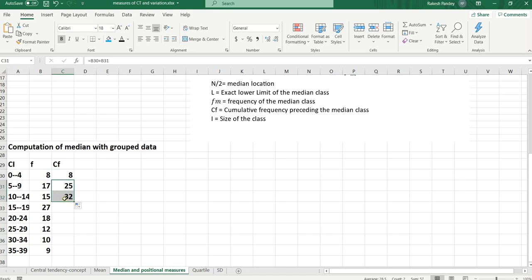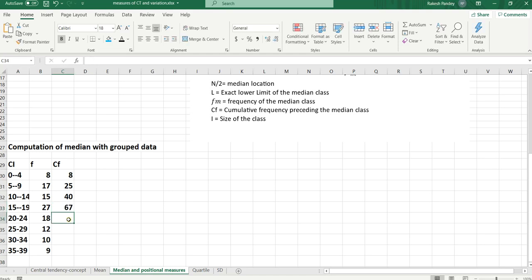Let us try whether it is working or not. 25 plus, no, it is not working. So 25, then we will add 15. 25 plus 15 will be 40. Then we will add 27. It will be 67.